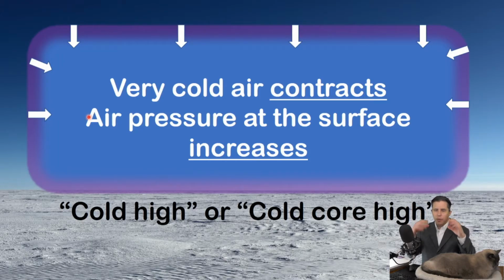And what happens from that is the person sitting down on the ground in that really cold air will notice the air pressure goes up. You're piling more and more air on the surface. Because it shrinks when it's cold, it lets you pile more on top, and pretty soon you've got a high pressure at the surface. So this is sometimes called a cold high or cold core high.